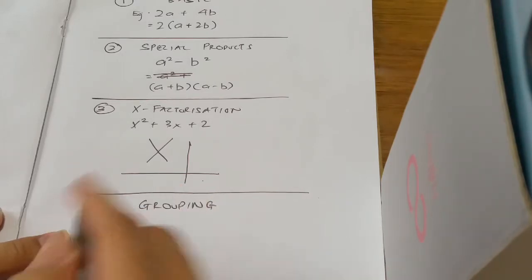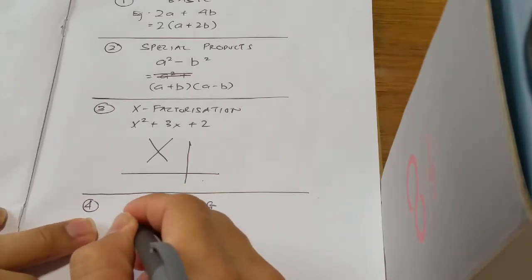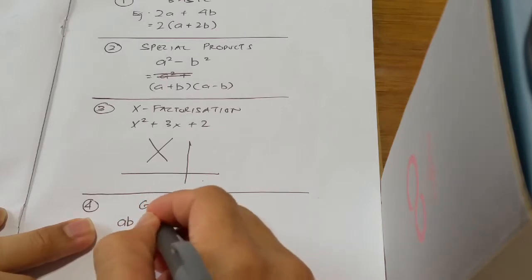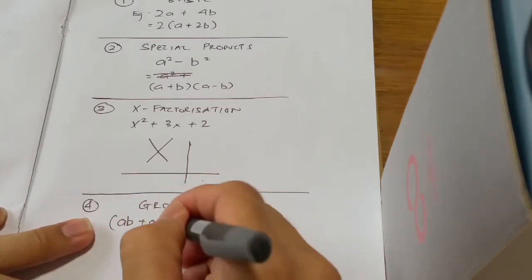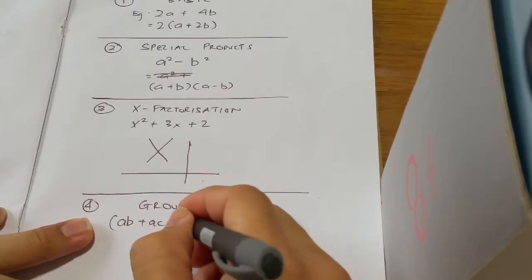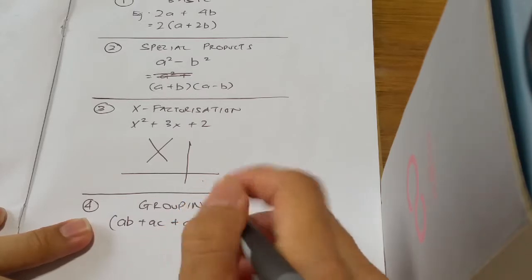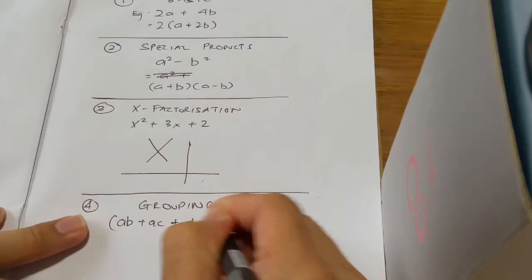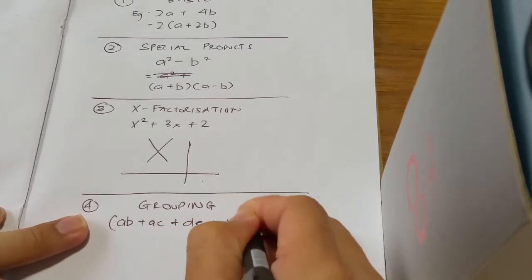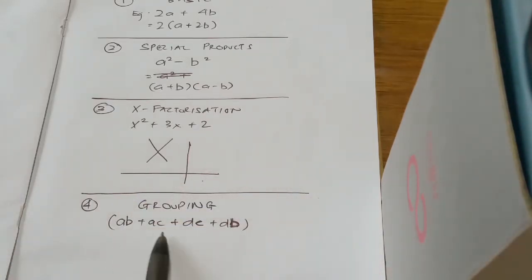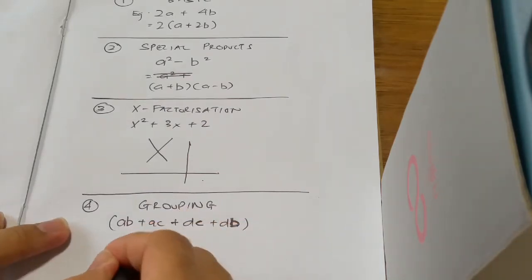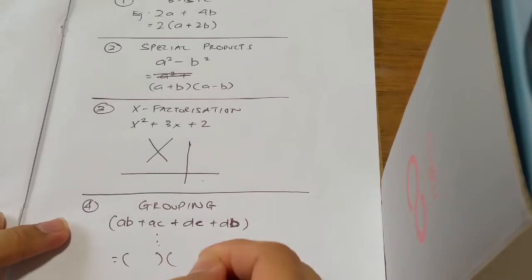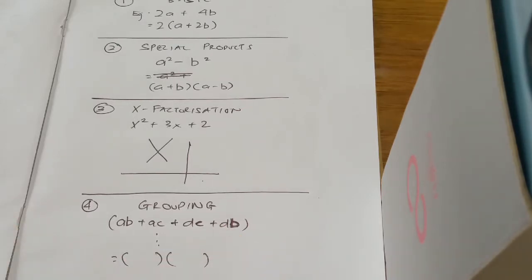Because it's number 4, maybe you have ab plus ac, and then plus de, plus dc plus db. It is something like this. You have 4 terms, and at the end of your working, you are going to get 2 terms inside the bracket.